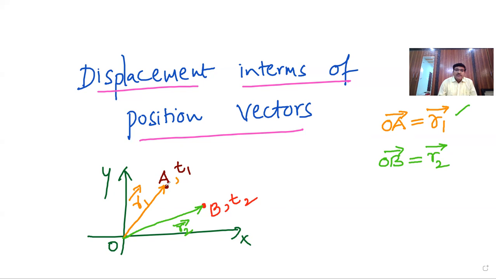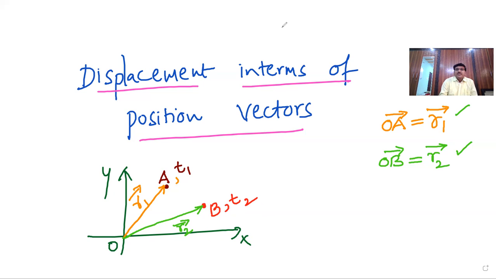Now, as the object moved from T1 to T2 time, it has moved from A position to the B position. B is the final position. Now I am indicating the final position of the object by connecting a vector OB bar from the origin. This is a position vector. The final position vector OB bar is R2 bar.